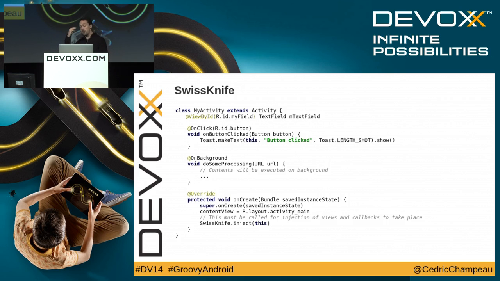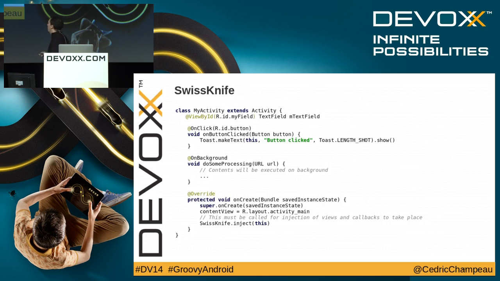So you don't have to write the code that you see in lots of onCreate methods, saying, okay, I want to find the view by ID, then cast it to the text field, etc. That code is generated for you by the compiler. You can annotate a method with onClick, and it will add the listener automatically, and this method will be called when the button is clicked.